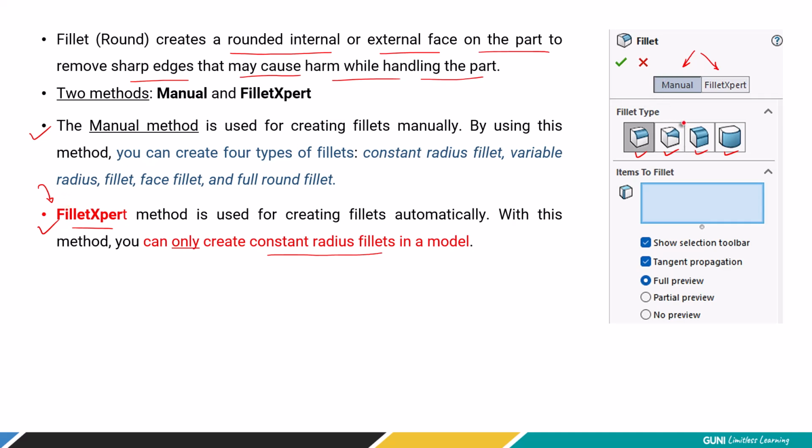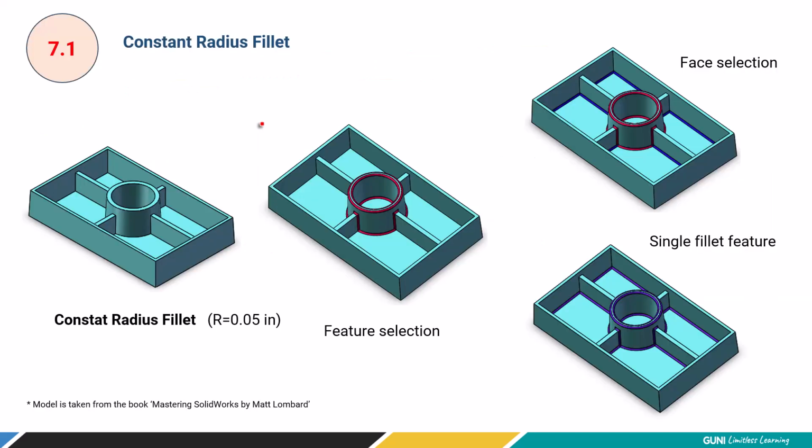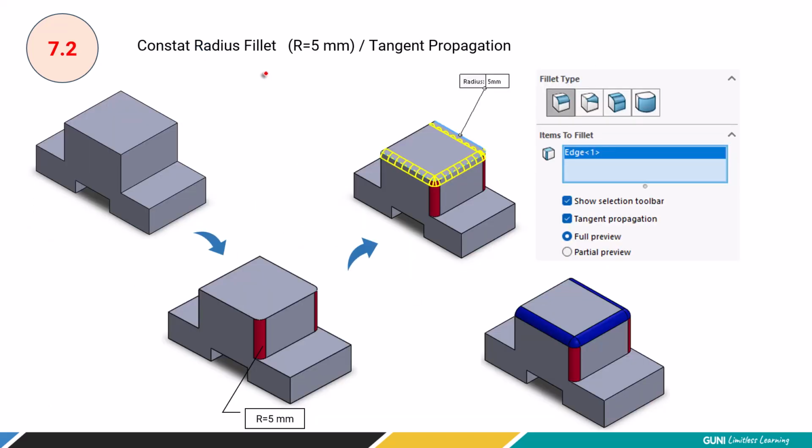In fillets, we do have various options like show selection toolbar, tangent propagation, preview and other items. In 7.1, we're going to learn how to apply constant radius fillet. In 7.2, we'll explore how the tangent propagation option works.